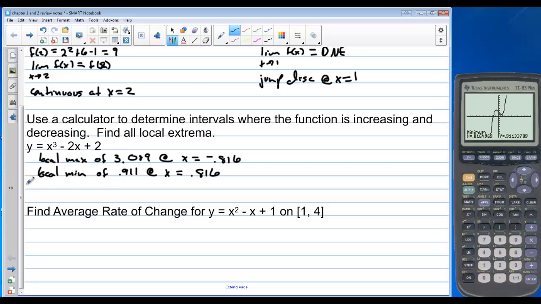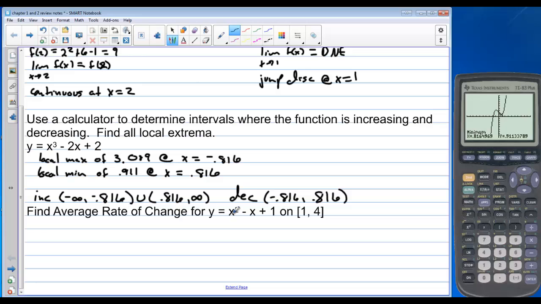And now we can say that the function is increasing on negative infinity to negative 0.816. And then it's increasing again from 0.816 to infinity. Then this function is decreasing as we go left to right on negative 0.816 to 0.816.